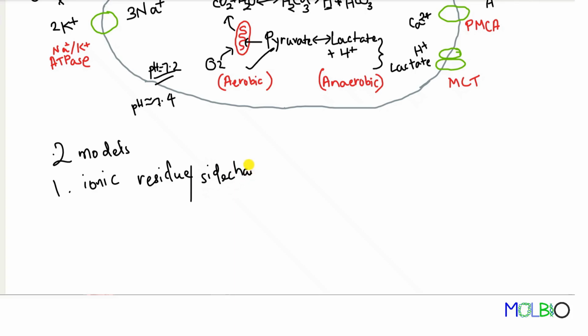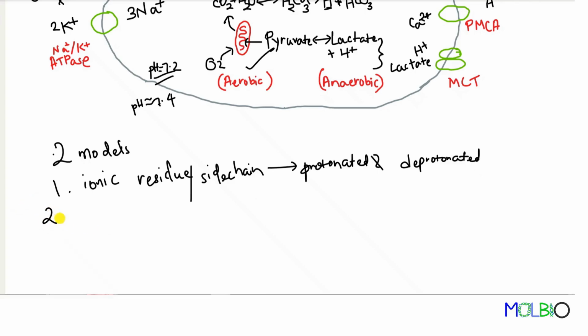Because they are charged, they can interact with protons, and their protonation or deprotonation will dictate whether the protein is in an active state or not. And there is some evidence supporting this.